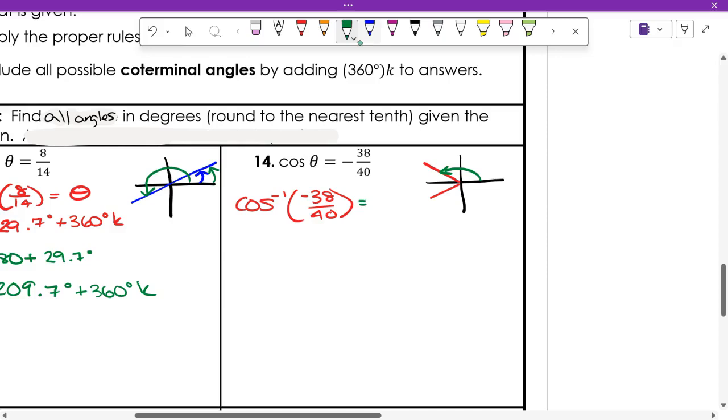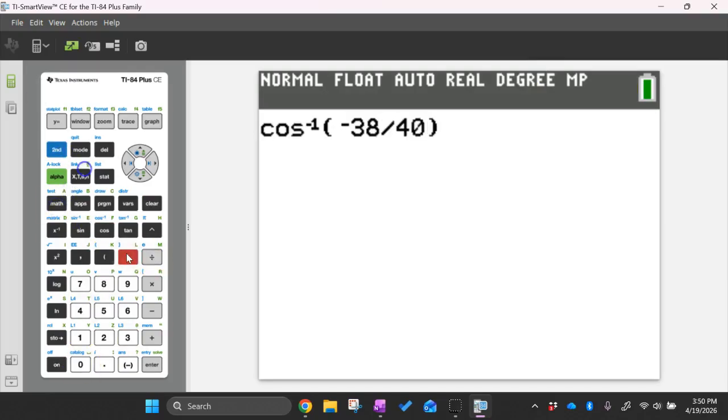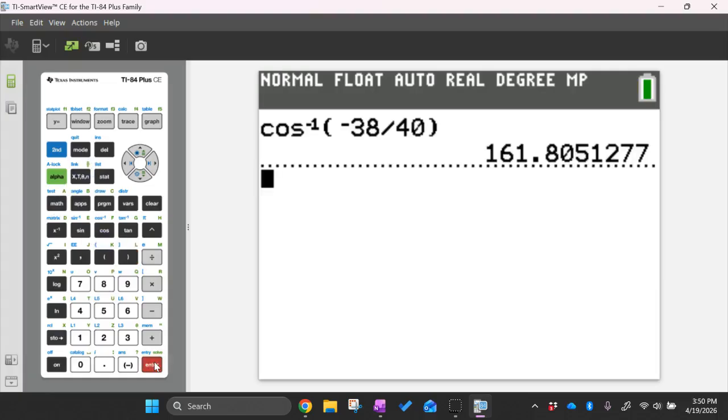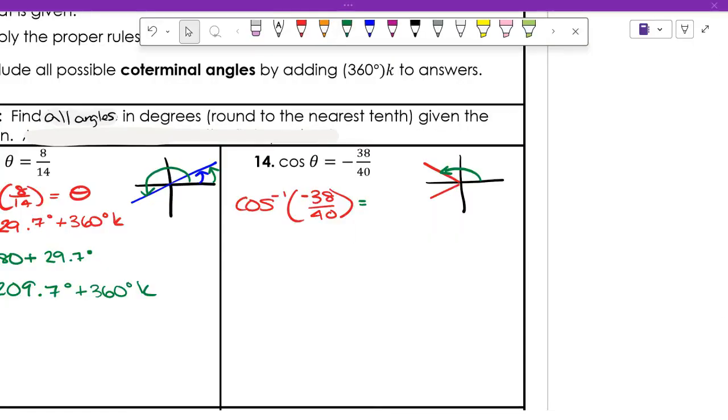So if I take my calculator and I put that in, so let's go ahead. Well, we'll put that in, cosine inverse, and it's negative 38 over 40. Okay, it gets me 161.8. So let's go back over here, 161.8. That's going to correspond with this green angle measure right here, 161.8 degrees. So let's go ahead and consider what that is.